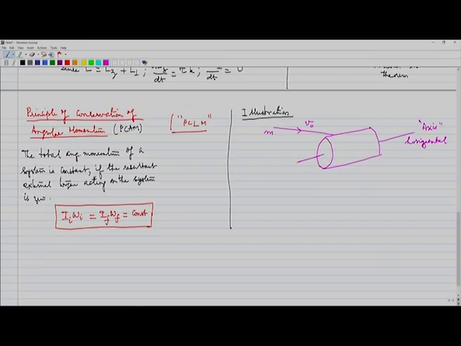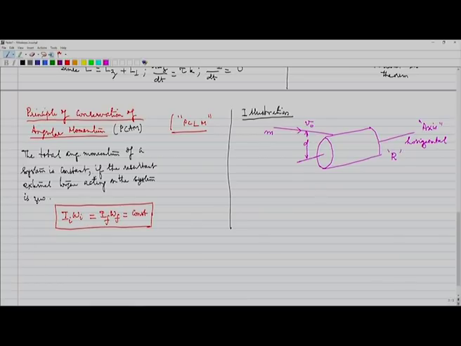The direction of the bullet is perpendicular to the horizontal axis, and it hits the cylinder at a particular distance D from the axis. R is the radius of the cylinder.